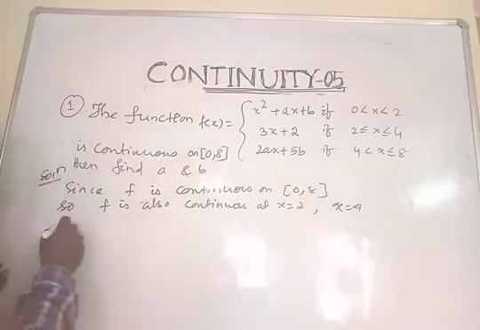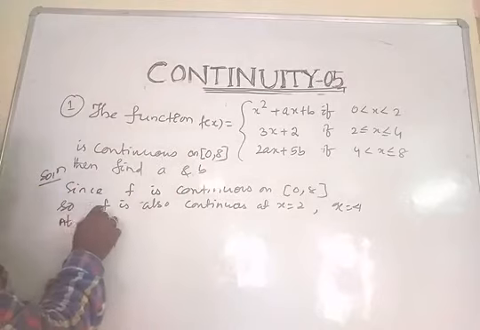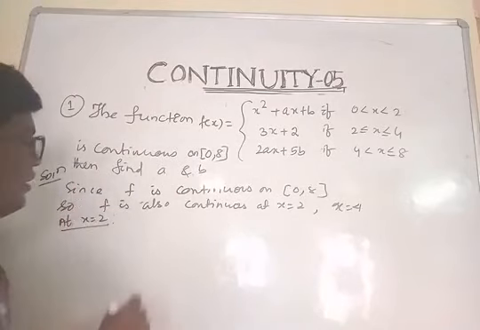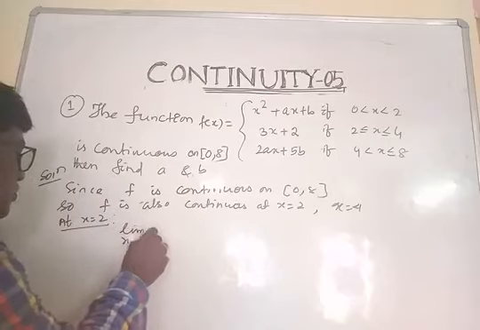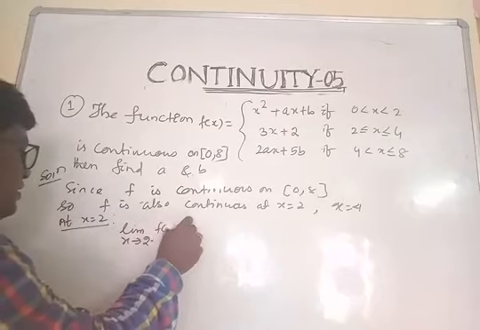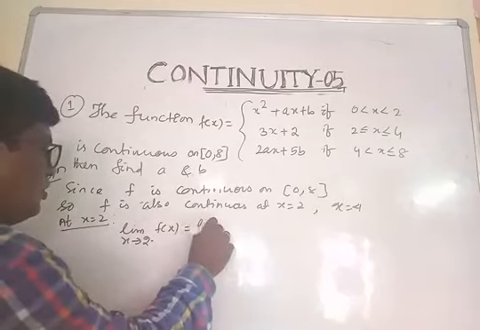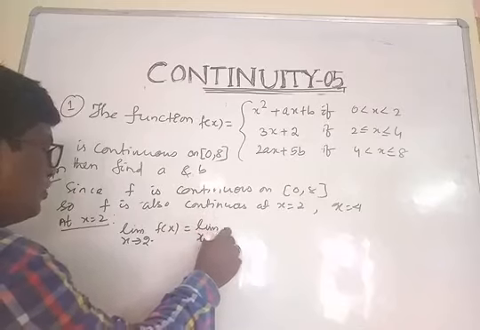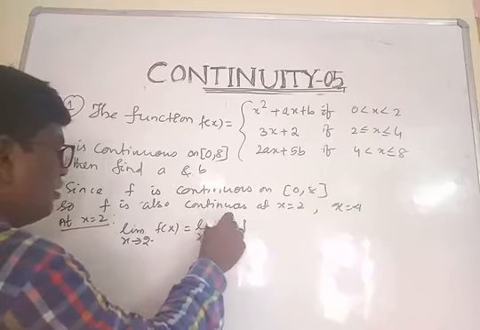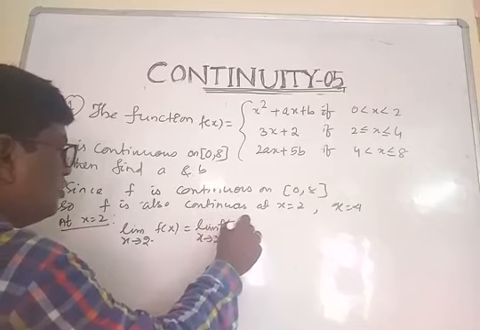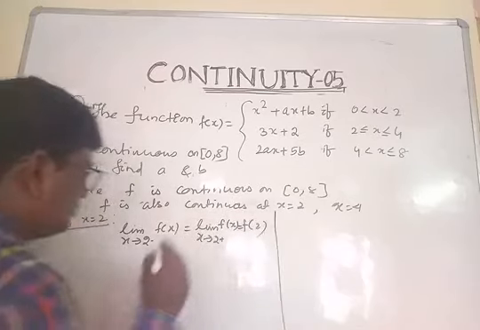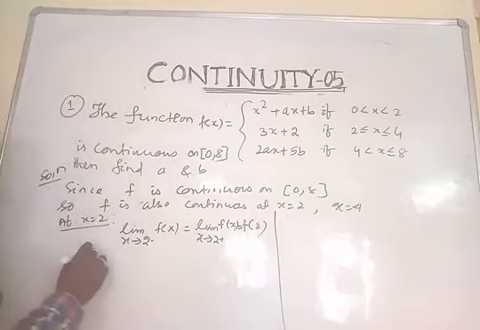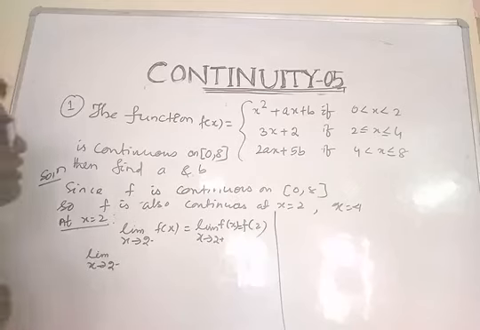Now at x is equal to 2, limit x tends to 2 minus f of x is equal to limit x tends to 2 plus f of x, is equal to f of 2. From this, the limit x tends to 2 minus, 2 minus means less than 2.